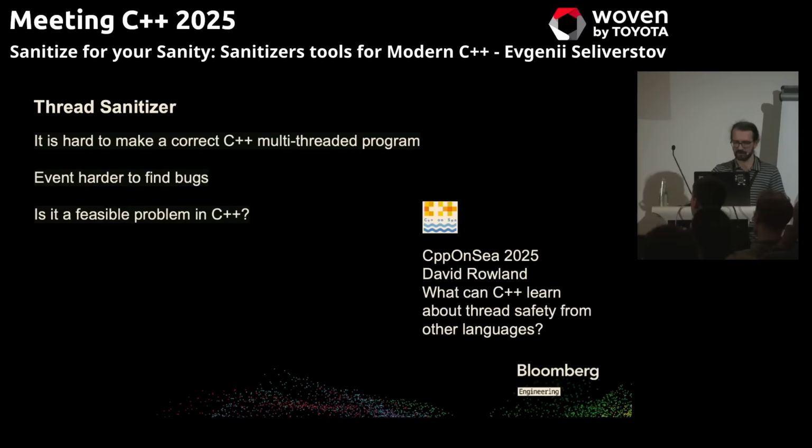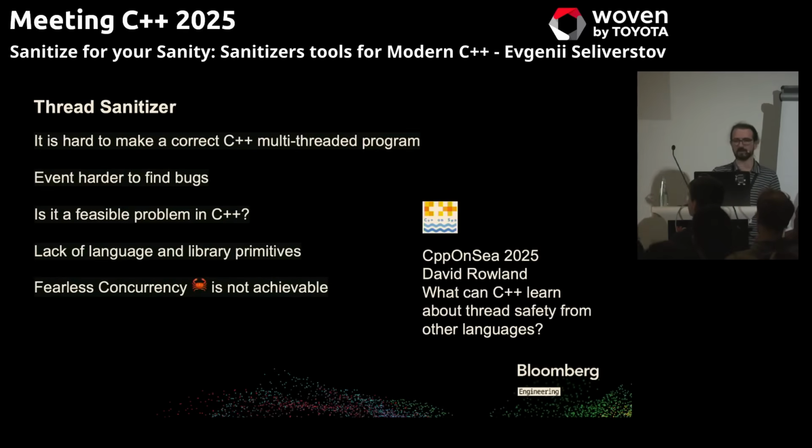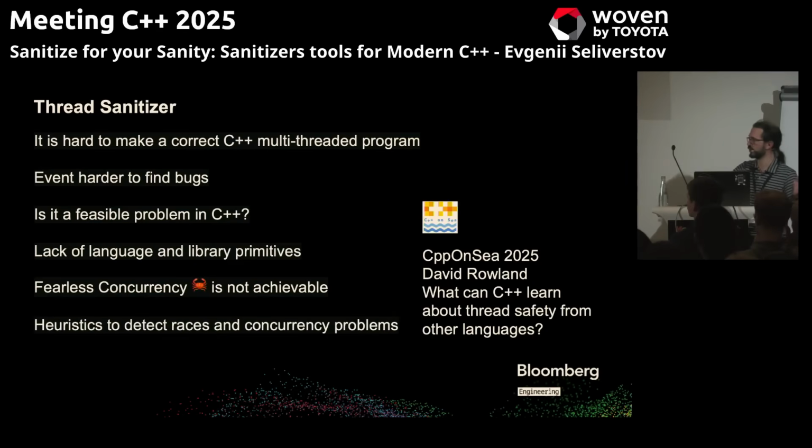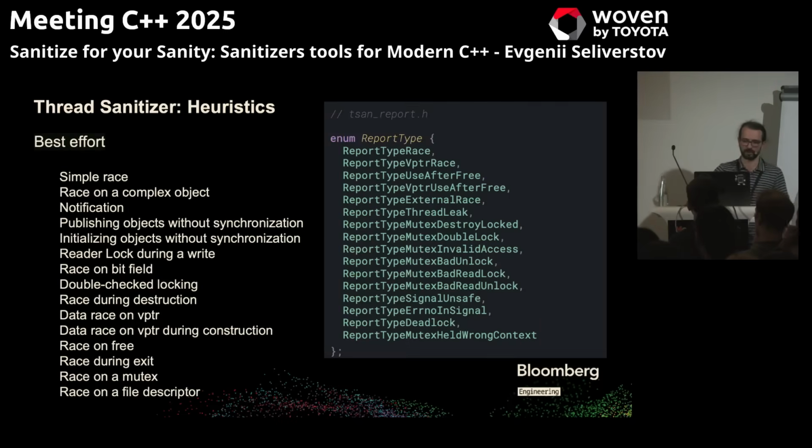This year, we got a really good talk at CppNorth about porting some primitives from another language, from Rust actually, to C++, and from Swift also. It didn't succeed, unfortunately. The lack of language and library primitives makes it extremely hard to write such programs. So don't try to imitate Rust. Try to find bugs. Unfortunately, it's only about heuristics, but these heuristics are so good in Thread Sanitizer.